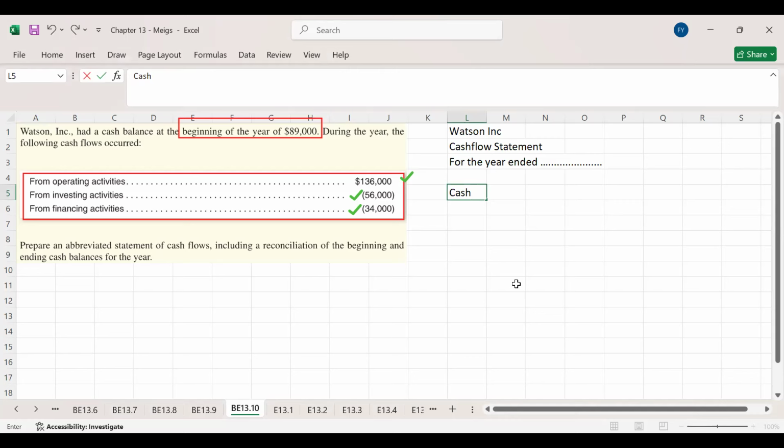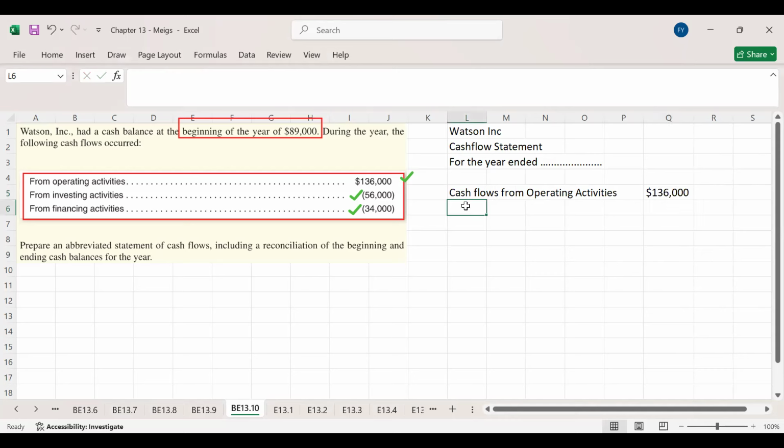So cash flows from, first of all, operating activities.